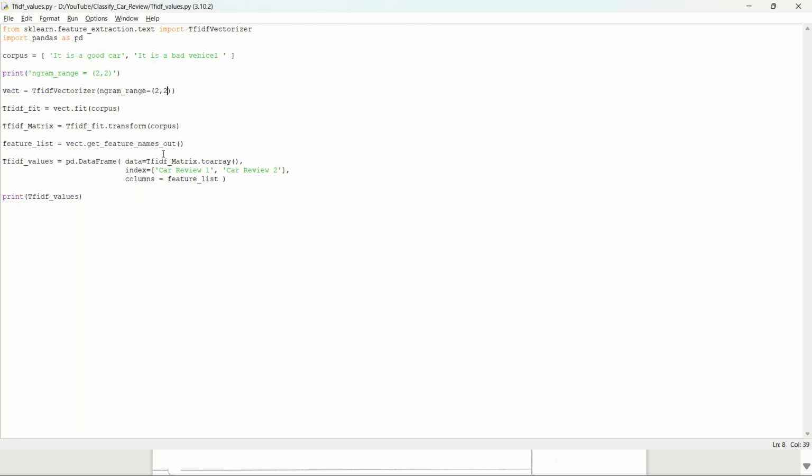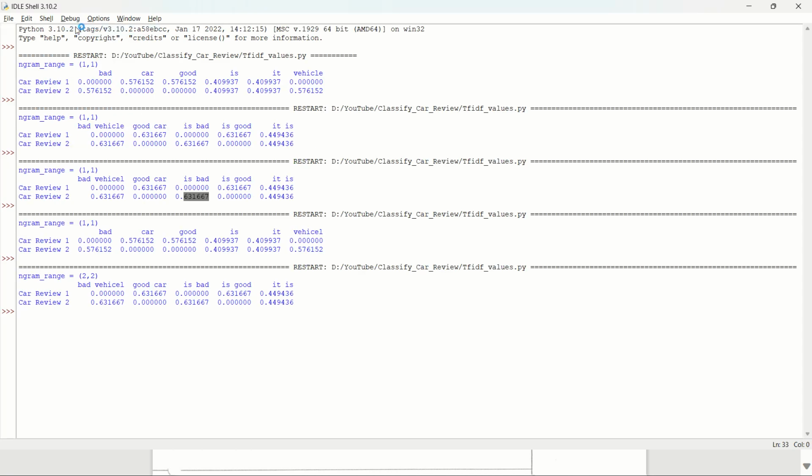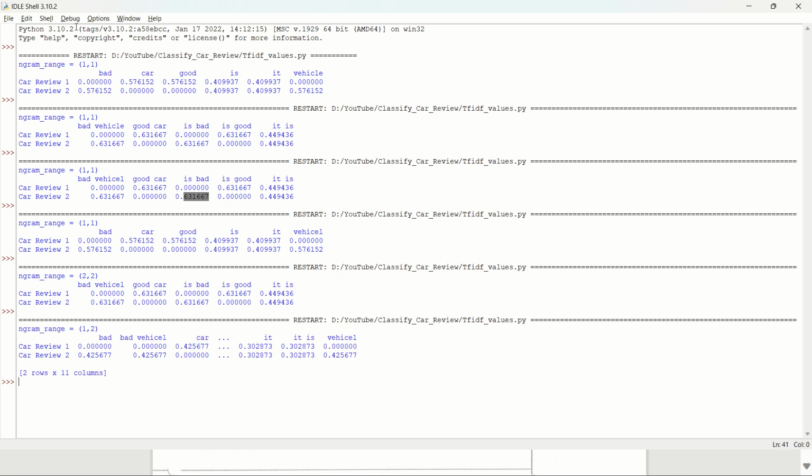There is also unigrams and bigrams together, so both would be considered. This is a further mix of both. In this way, you have the unigrams concept applied and the bigrams concept applied, so each word will be considered separately and together.